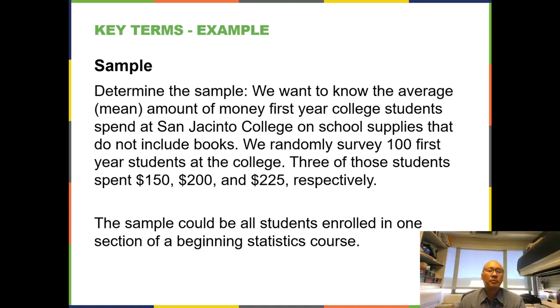The sample could be all the students enrolling in one particular section of a statistics course, which may or may not be a good representative of the whole population, but that could be your sample if we have 100 of those students. And it doesn't have to be 100, and finding the sample size is an exercise on its own that we'll see later on.